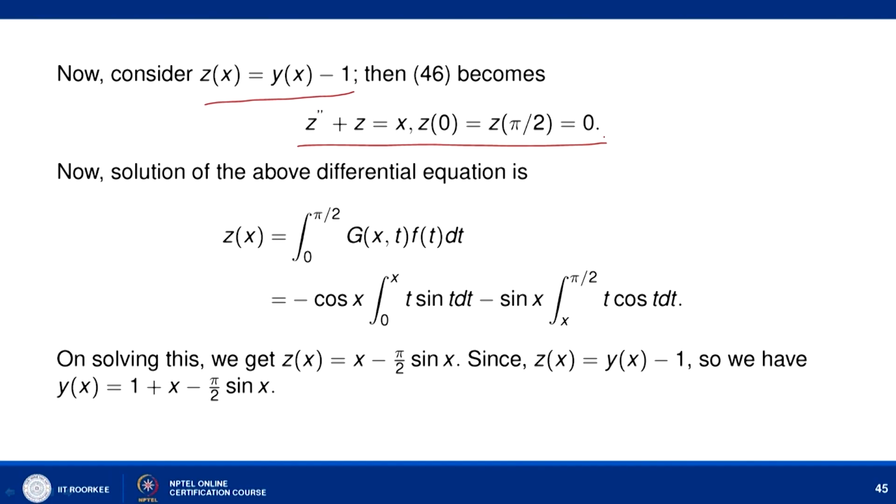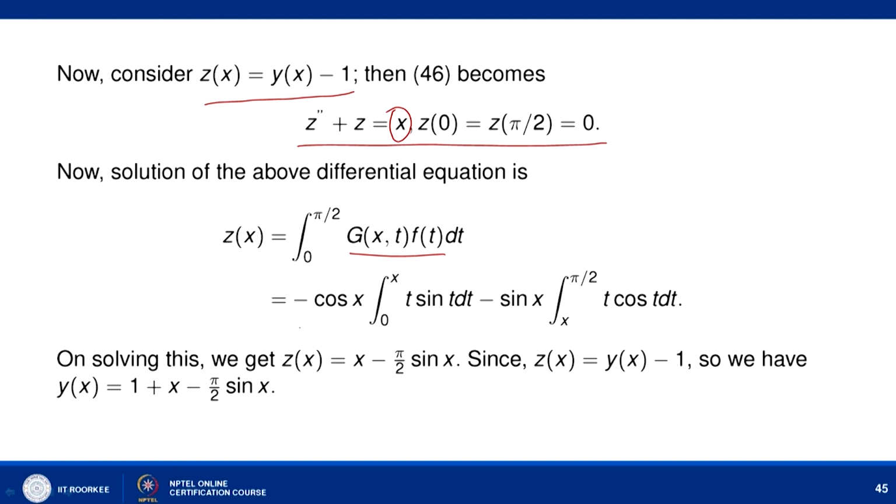Now, we have homogeneous boundary conditions and a non-homogeneous equation, and we already know that the solution is given by z of x equals the integral from 0 to pi by 2 of g(x,t) f(t) dt, where f(t) represents the right hand side of this equation, and here f(t) is basically t.